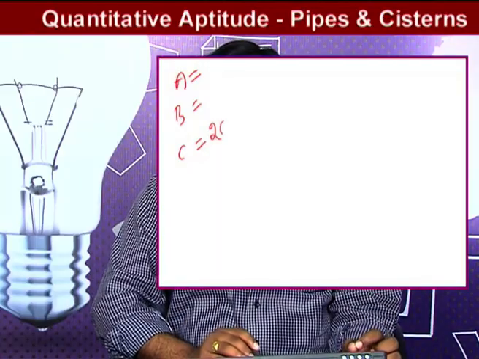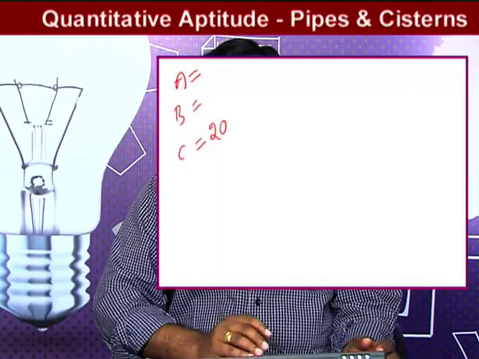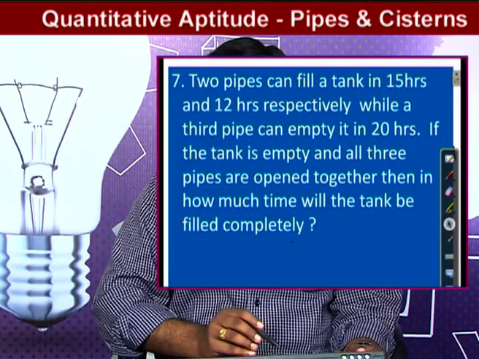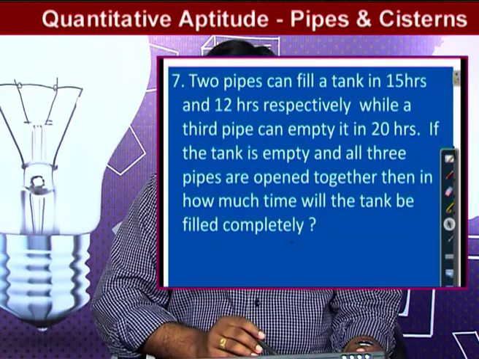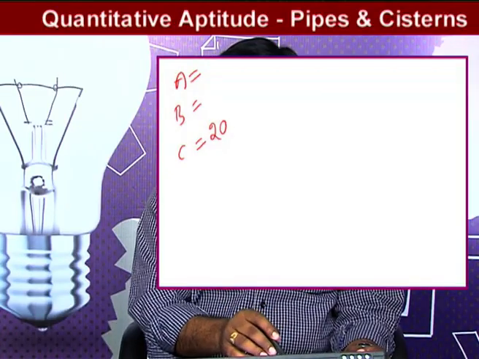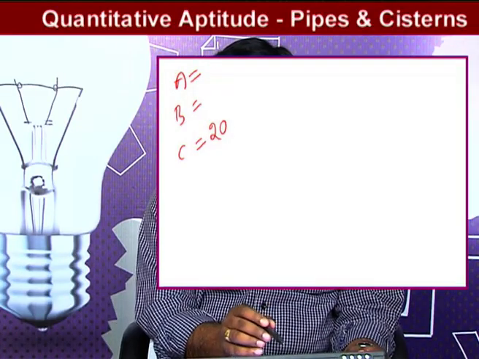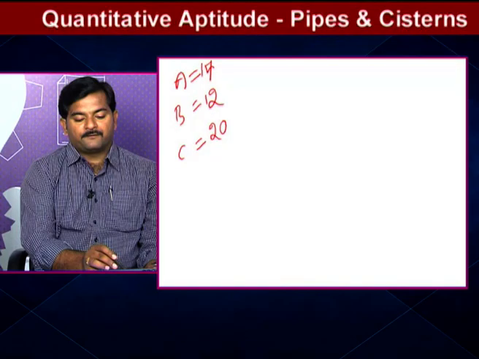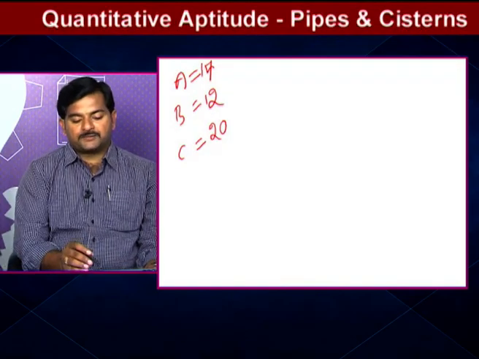Since the 3rd pipe is emptying, simply we can say minus. Again, by the normal method, or we can apply the LCM by factors method also. So it's better we go with the LCM by factors method. These are the values given: 15, 12, 20.